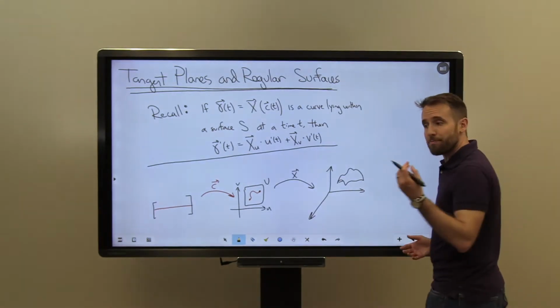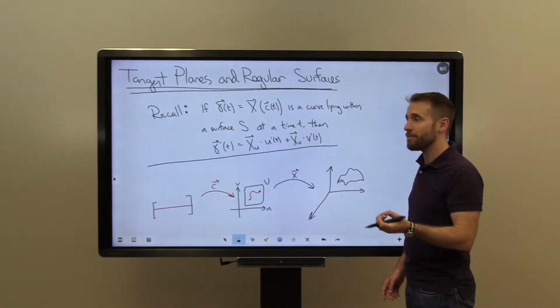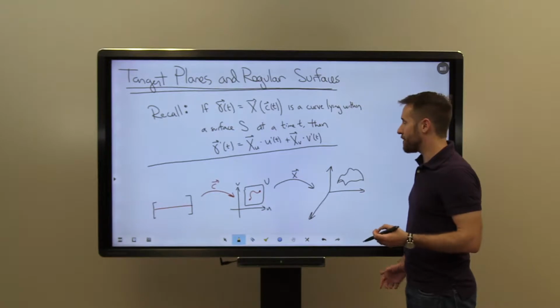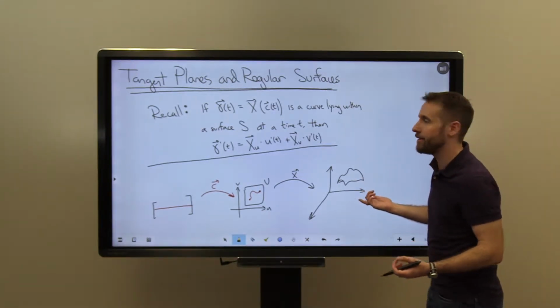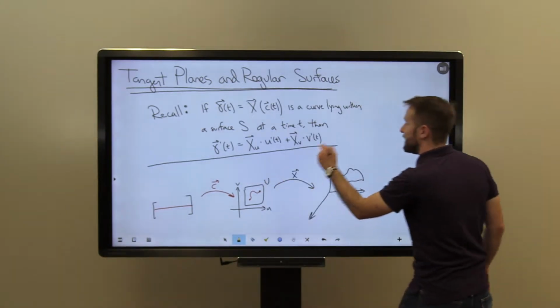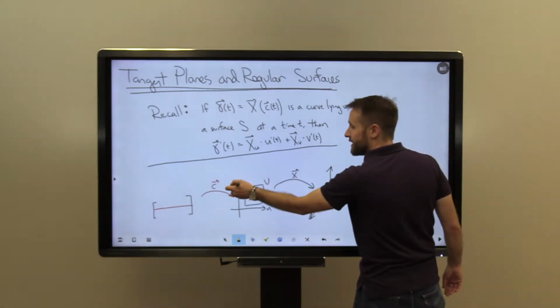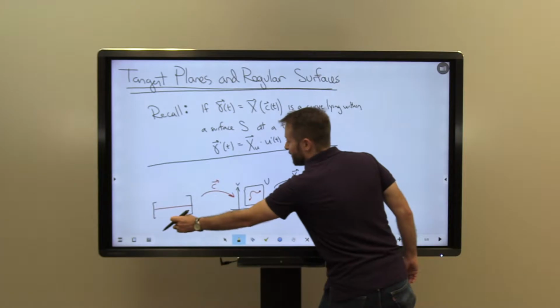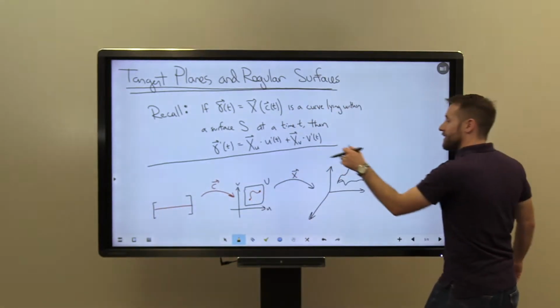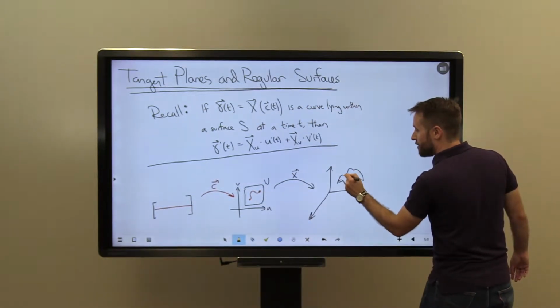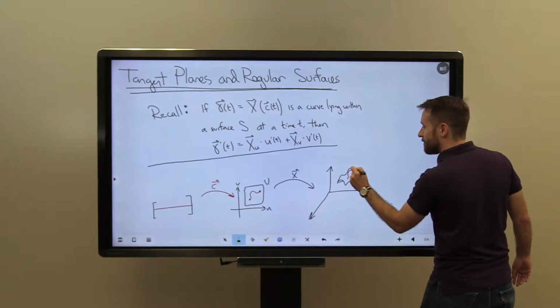But then we also had this parametrized surface, x. So x would parameterize this coordinate patch right here, specifically sending the set u into a three-dimensional space. And then the composition, x of c, would take this interval, map it into this space, and then map it onto this surface here.